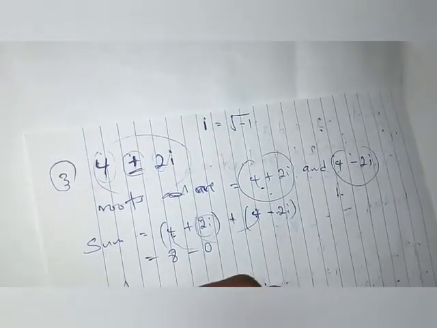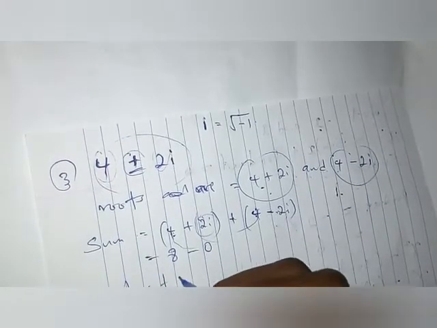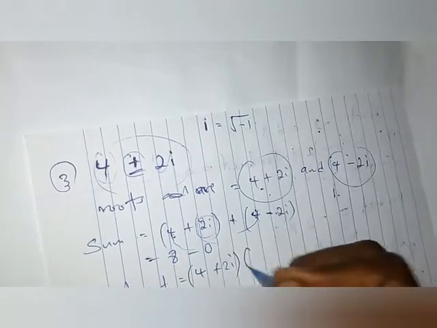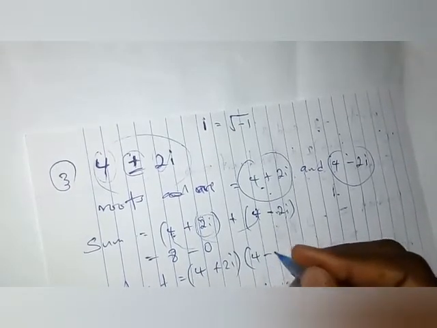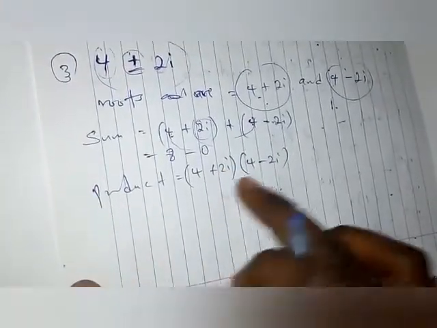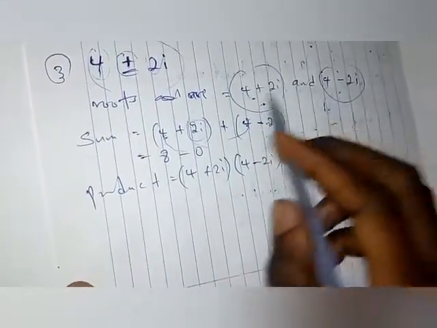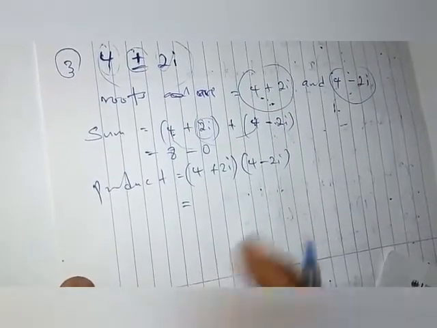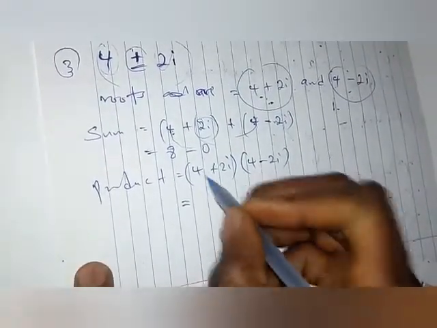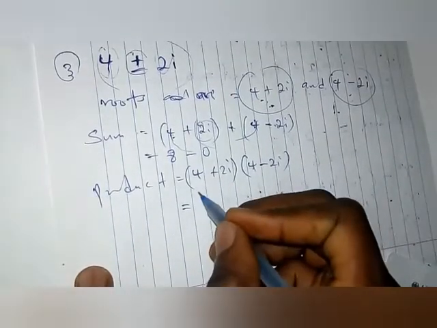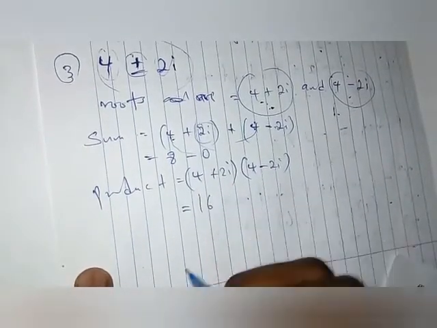Then the product is 4 plus 2i multiplied by 4 minus 2i. Be very careful in multiplying these complex numbers. Just expand in the normal way. 4 multiplied by 4 is 16.